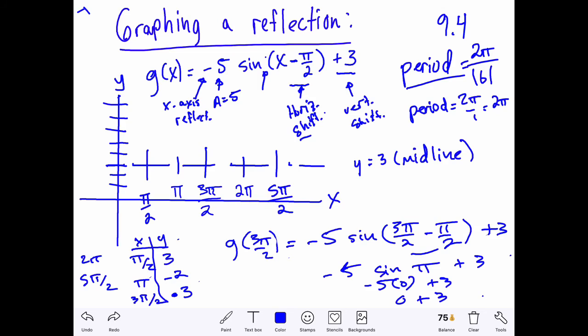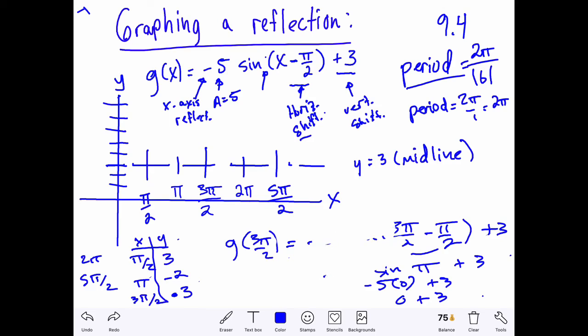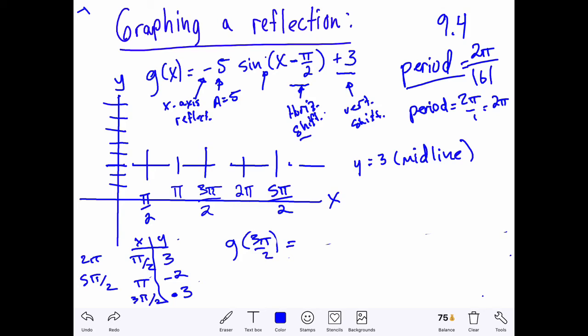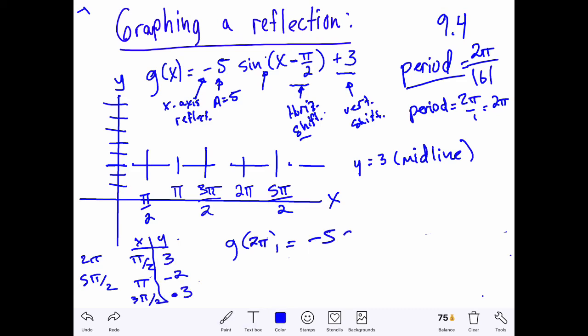Okay, and let's evaluate again. g of 2 pi is next. Negative 5 sine of 2 pi minus pi halves plus 3.